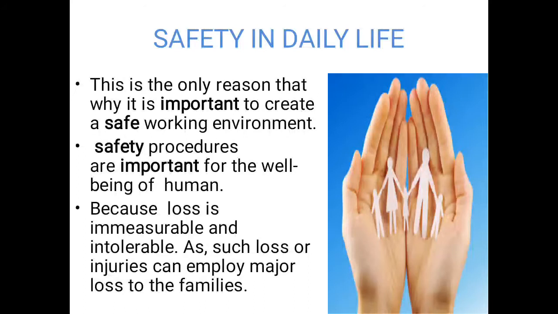First, we need to discuss why we are after achieving safety and why safety is important in daily life. This is the reason why it is important to create a safe working or living environment. Safety procedures are important for the well-being of human. The very important concern is the well-being of human, because the loss of human health or human life is immeasurable and intolerable.